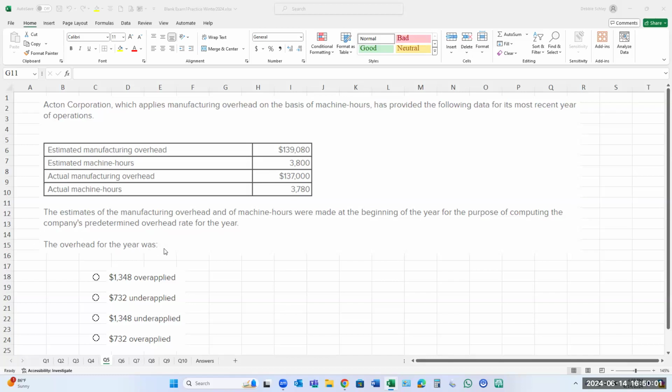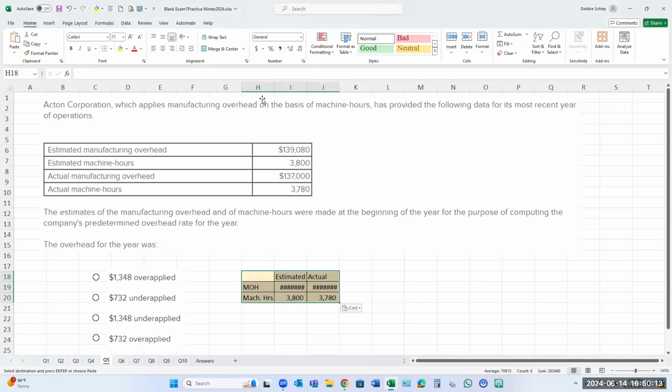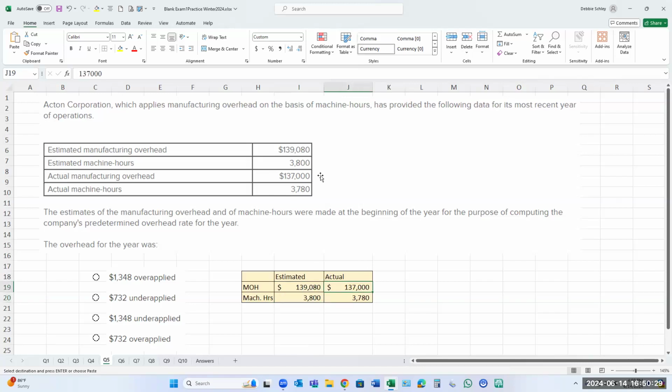They wanted to know underapplied or overapplied. So those are the numbers they gave me. Here's my estimated manufacturing overhead and machine hours, and here's my actual manufacturing overhead and machine hours. So we need to figure out applied.